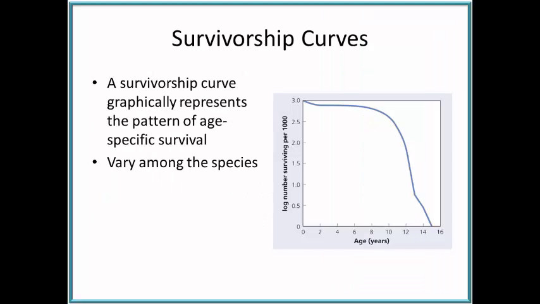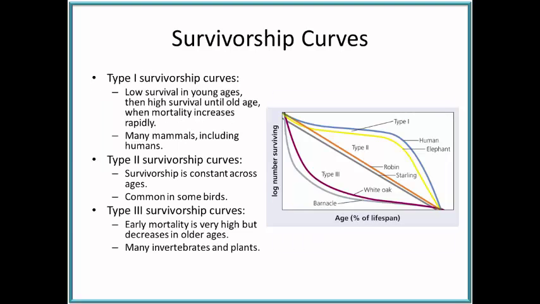As I said, if we take that column L sub X, which is the survivorship, we can explore that graphically by making a graph of the age on the x-axis and the survivorship on the y-axis. And we can use this to look at survivorship curves and to describe populations. If we construct these survivorship curves, we're going to find that we can get roughly 3 generalized types of survivorship curves.